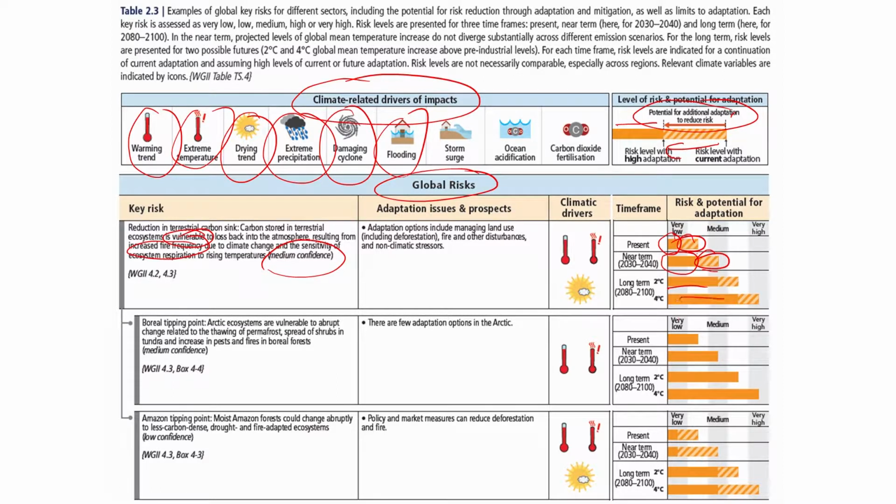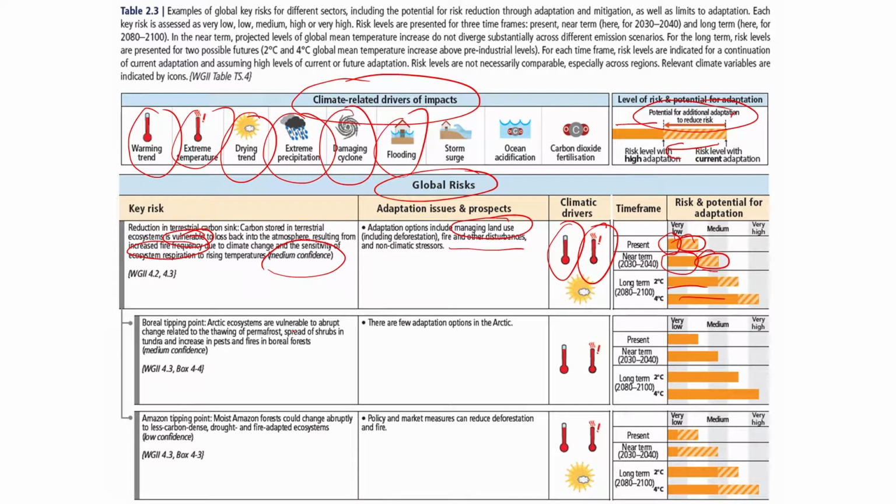In the long run obviously risks increase, and the risk reduction due to adaptation does not increase with time, because the adaptation options include things like managing land, reducing deforestation and forest destruction, reducing fire and other disturbances, and non-climatic stressors, which essentially means converting forests to agriculture or agriculture to urbanization and so on. So there is a limit on how much of this you can do, especially considering the continued population increase and so on. The main drivers here are the warming and the extreme temperatures.